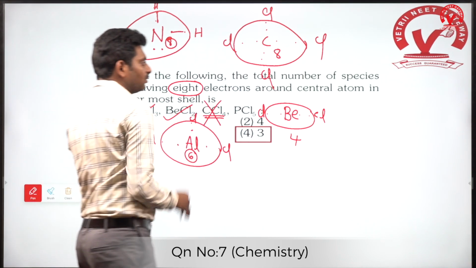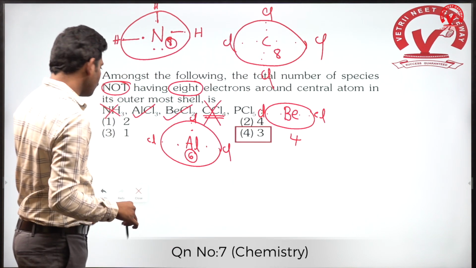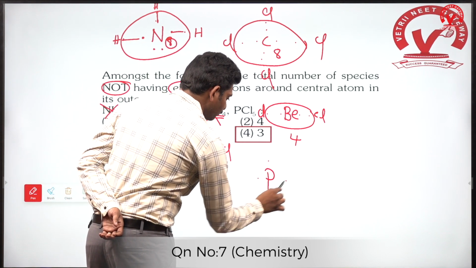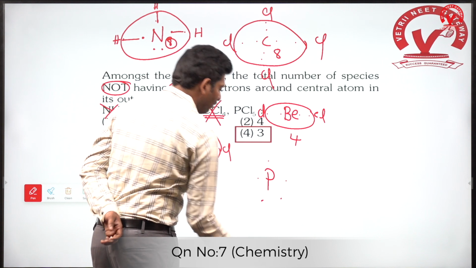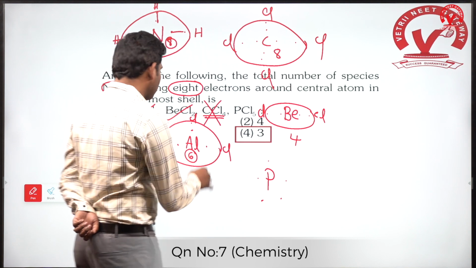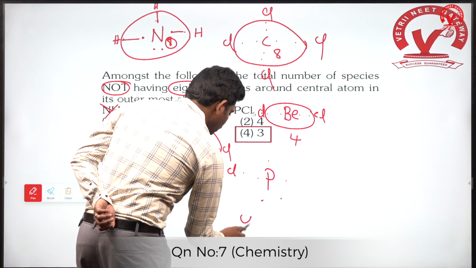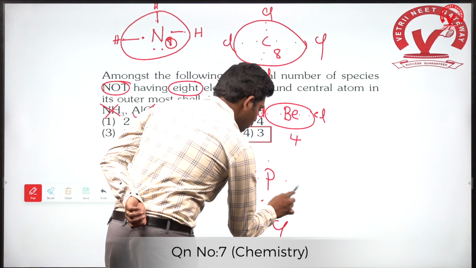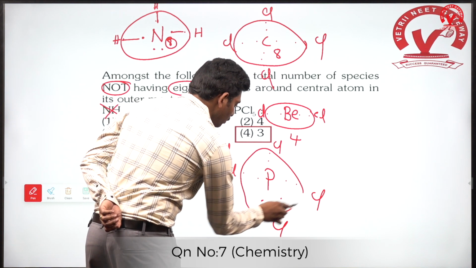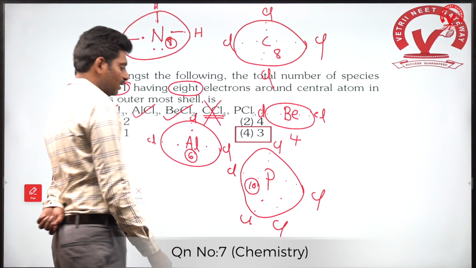Next PCl5. Phosphorus has 5 valence electrons, and it bonds with 5 chlorines, each chlorine sharing 1 electron. So in total, 10 electrons, hypervalent.